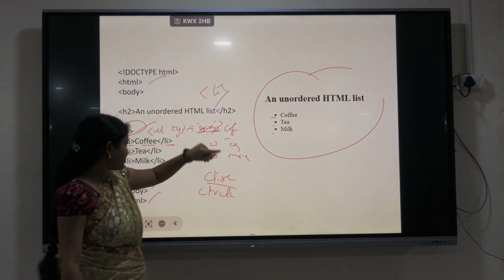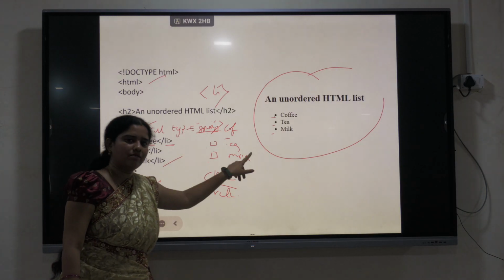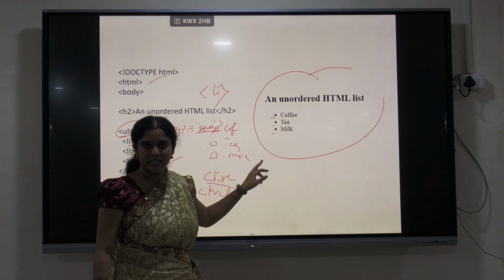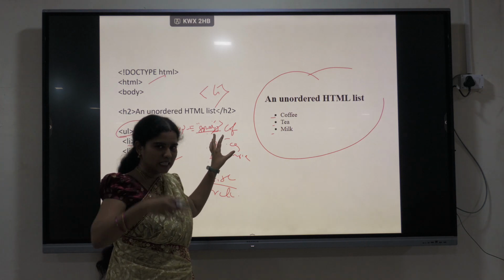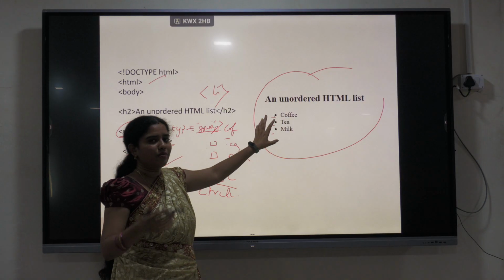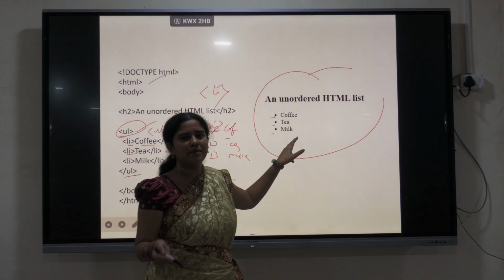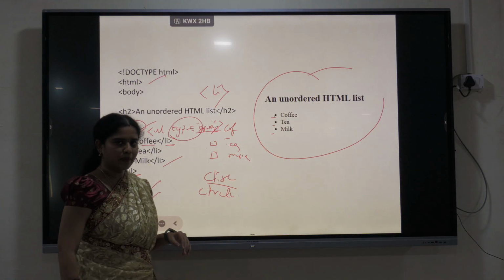And finally, this type: OL type is equals to, UL type is equals to. Why do we use this type parameter? Just to make our output be displayed in our known pattern, in our known fashion. If it is 1, 2, 3s, or dots, or if you want capital A, B, C, D, then you will have to make use of this type.